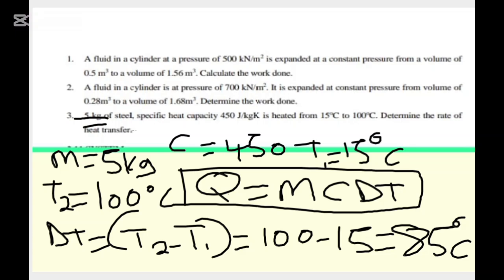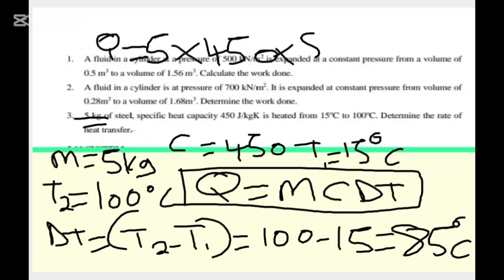So I have to substitute. The value of Q should now be equal to M, which is 5, multiplied by C, which is 450, and multiplied by 85. So what am I going to get?